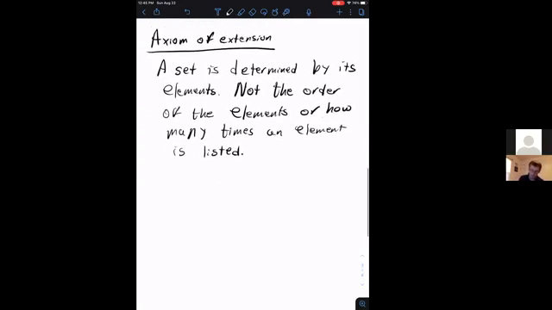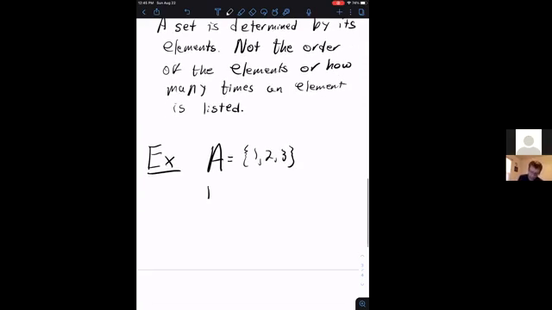And what does that mean for us? That means if I have some big set A, let's say it's 1, 2, 3, and I have some other set B, which is 1, 1, 3, 2, 1. Those are the same set because set B is just 1, 2, 3.